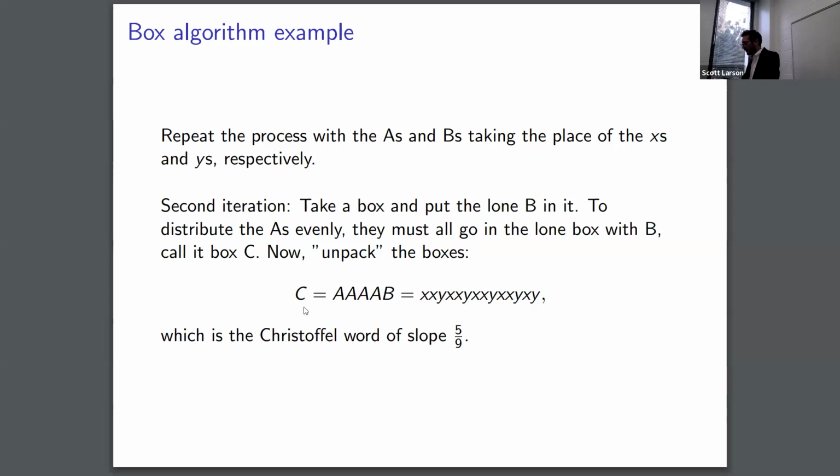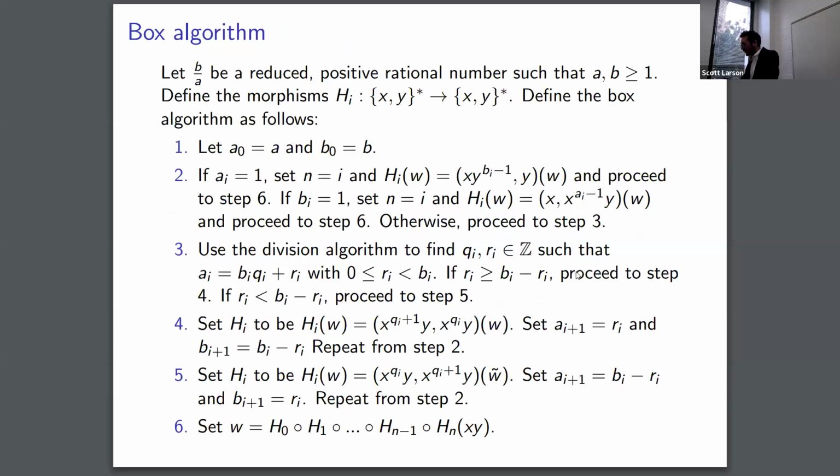So we have C, we unpack that, we get 4 A's and a B, and then we unpack each of those boxes. So we get X, X, Y, X, X, Y, X, X, Y, X, X, Y, X, Y. That's our B right here. These are our A's, which is the Christoffel word of slope 5/9. This is the algorithm. Yeah, it's a lot.